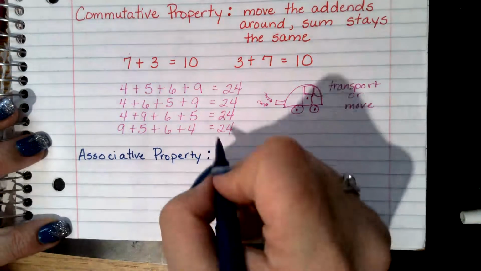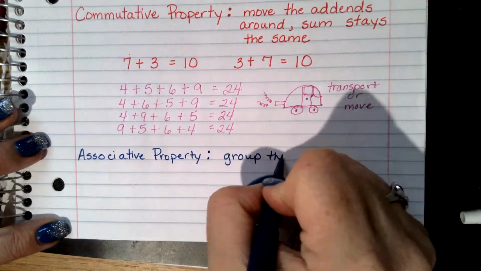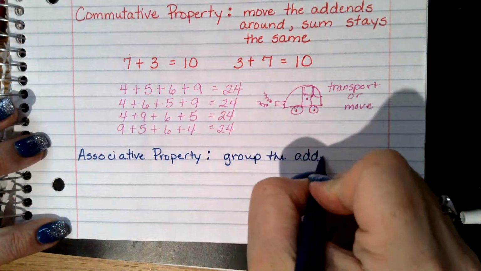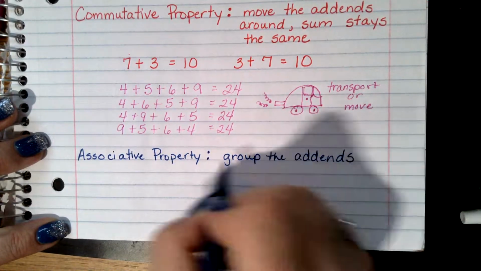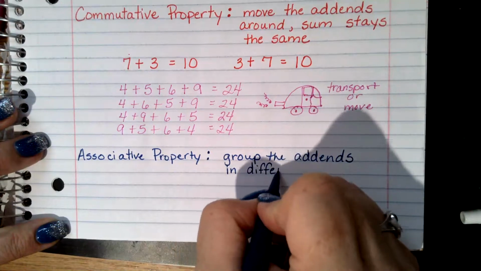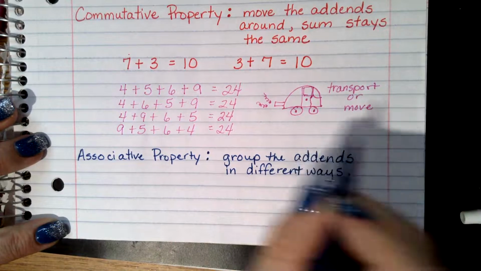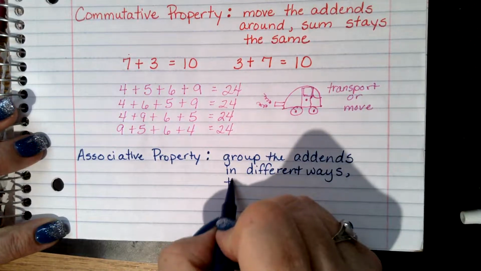So you can group the addends in different ways, and the sum stays the same.